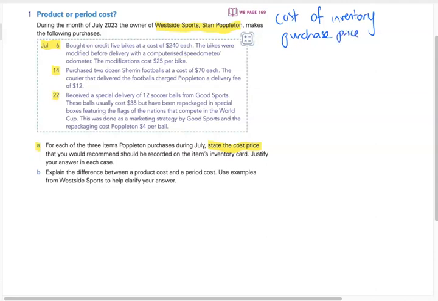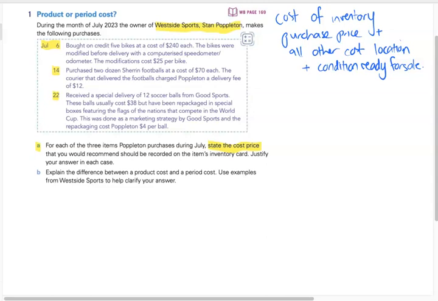So it is the purchase price plus all other costs associated to get it into the location and condition ready for sale. So are there other costs associated with this purchase of inventory that would be involved with getting this inventory into the location for our sale and in the condition ready for sale?